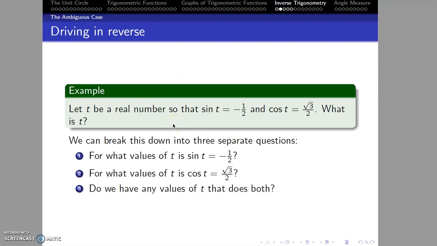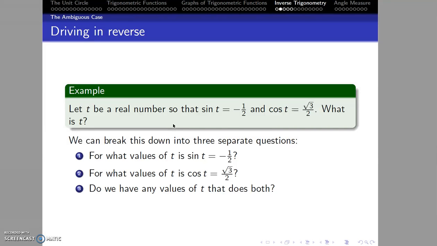So for this example in particular, we're starting off small. I know what sine is, I know what cosine is. I'm going to ask two simple questions, and then we're going to get to the bottom of it from there. For instance, what values of t would make sine t equal negative a half?